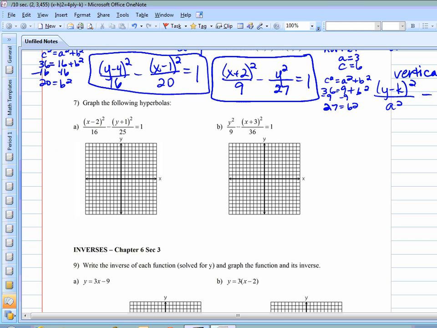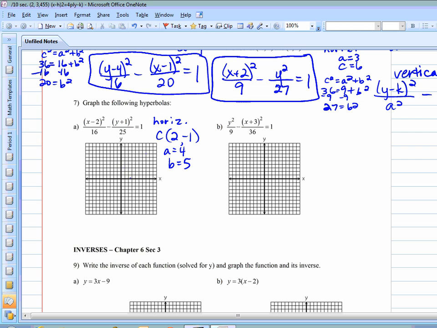The next one's to graph the hyperbola. We have first, because the x is first, we know that is horizontal. We know our center point coordinate would be HK, which H is with the x, K is with the y. And then the A squared is 16, so A is 4 and B is 5, because A squared is always bottom left, remember.